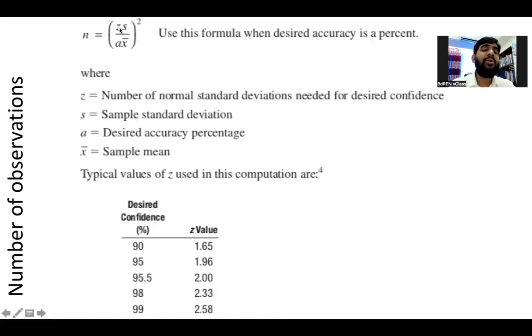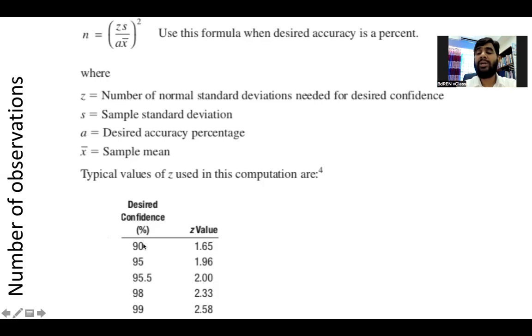And in N we use Z, you know, in normal distribution, 1.65, 1.96, 2.33. These are the Z values, and this depends on the desired accuracy. Z is the number of normal standard deviations needed for desired confidence.